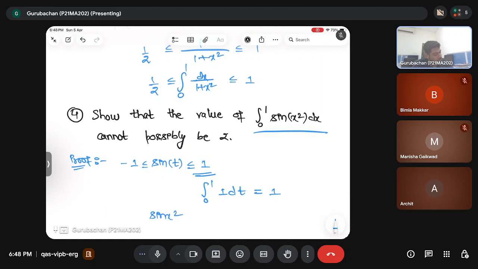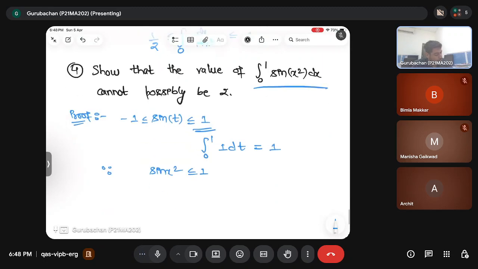Because sin x square is less than 1, this will imply that the integral from 0 to 1 of sine of x square dx is less than or equal to the integral from 0 to 1 of 1 dx, and this value is 1.